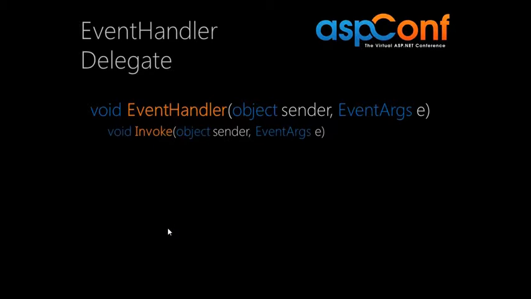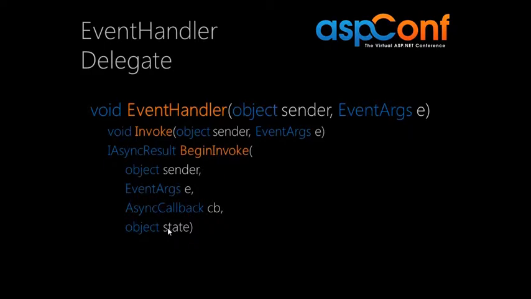One is called invoke, that takes the two parameters and returns void, so it functions exactly like you would invoke the method itself. The other one is called begin invoke, that has the same parameters as invoke but adds two extra parameters, one called the async callback and the other called state, so I can pass state back and forth in my application.